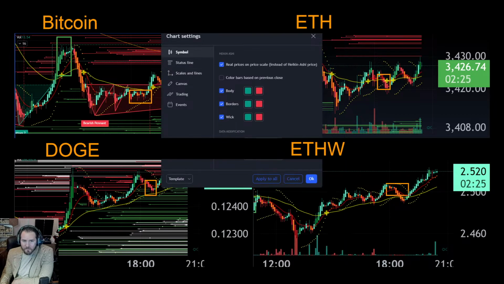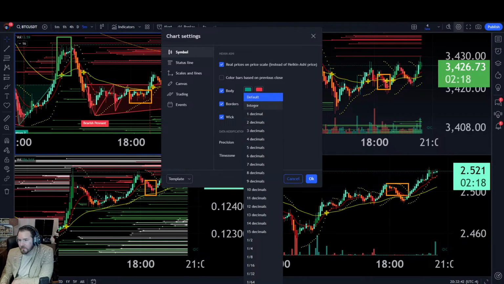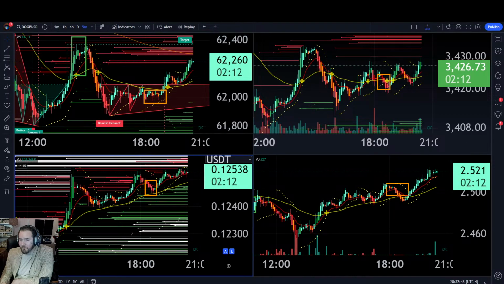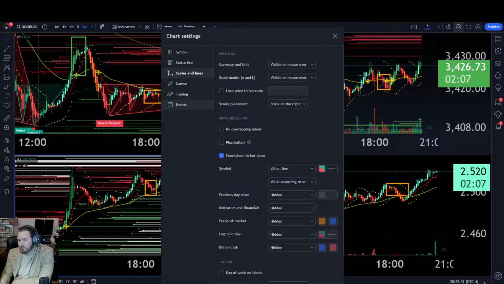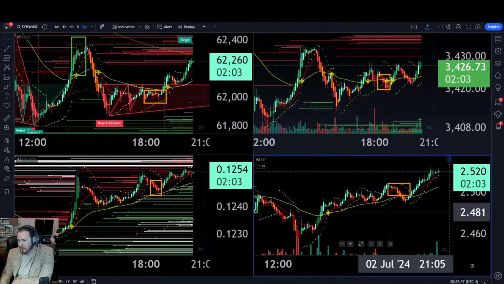You can go to symbol at the top, and we're going to change it to precision 0 decimal, integer. For Doge, 4 decimals is fine. So symbol, precision, 4 decimals, fine.